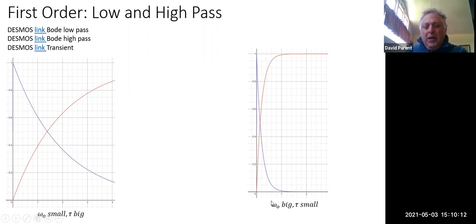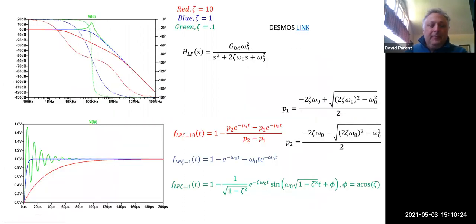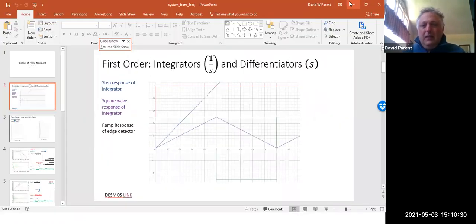And when omega is big, tau is smaller. So this one has a bigger omega or a smaller tau than this one.